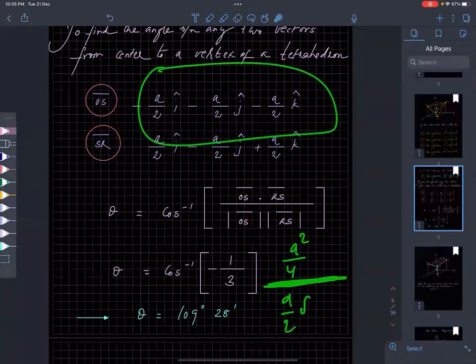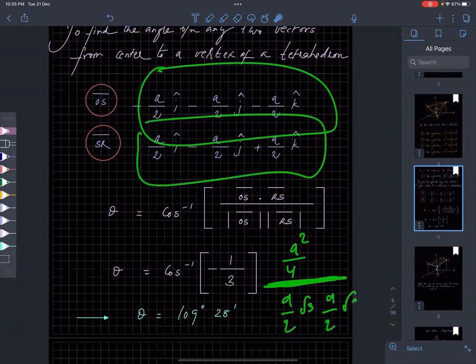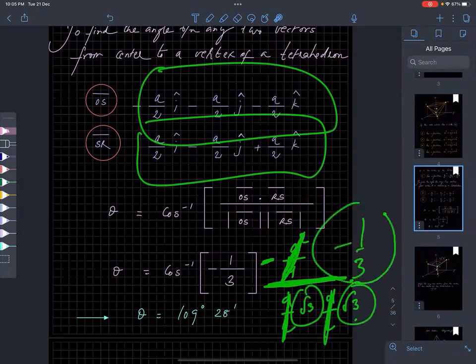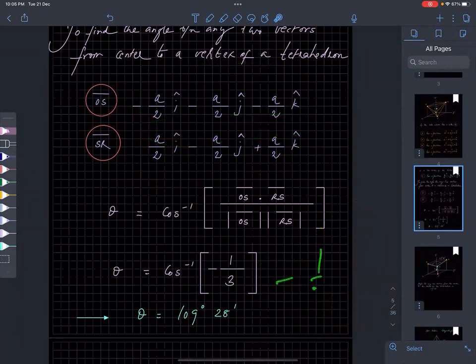A by 2 into root 3. What is the magnitude of this? A by 2 into root 3, correct? So A square by 4 will cancel, and what will remain? Minus 1 by 3.